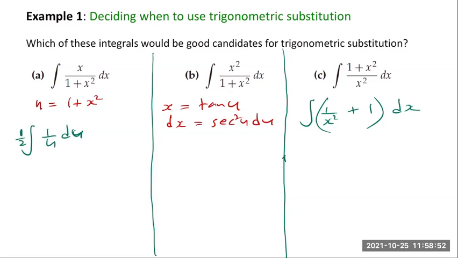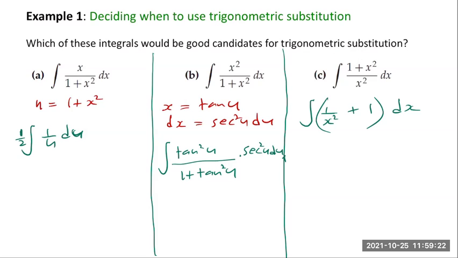Now I can rewrite my original integral this way. Remember, x squared is in the top, and x squared is tan squared u. In the bottom, you have 1 plus x squared, that is 1 plus tan squared u, times dx. dx is secant squared u du, so I can put it there.